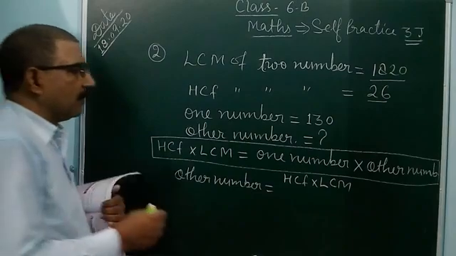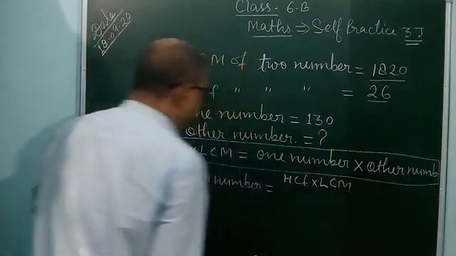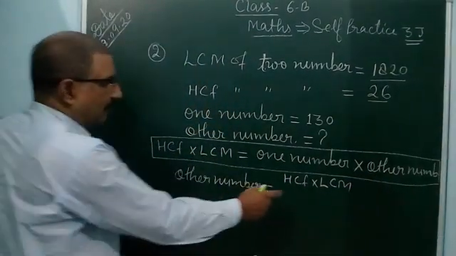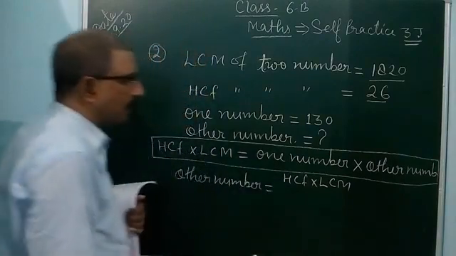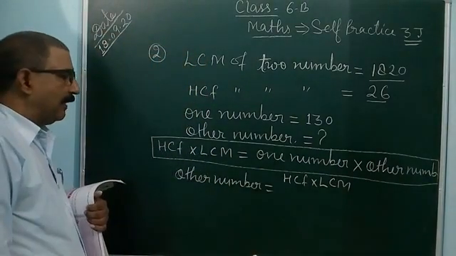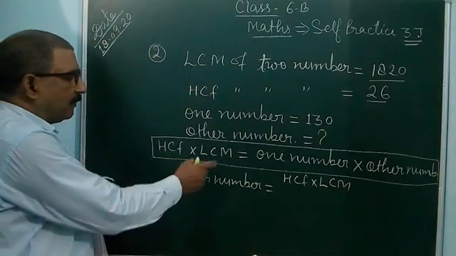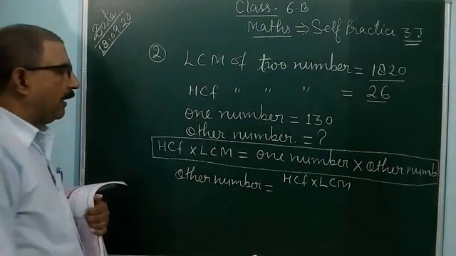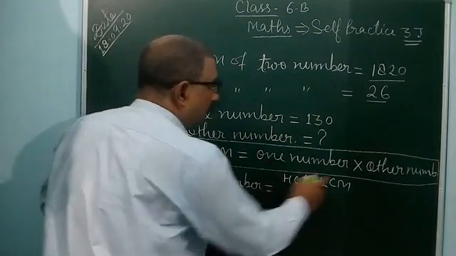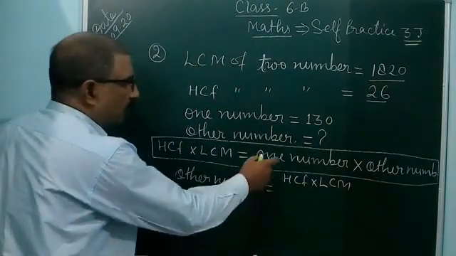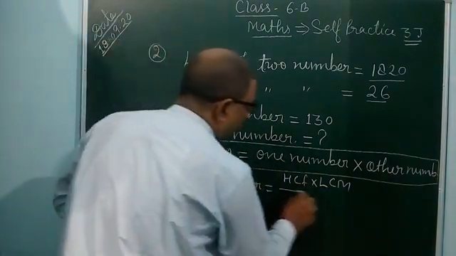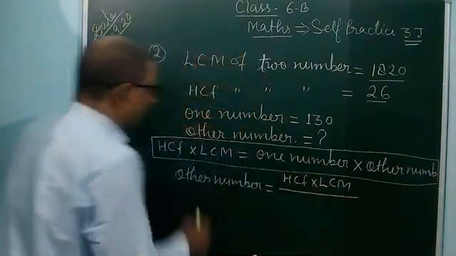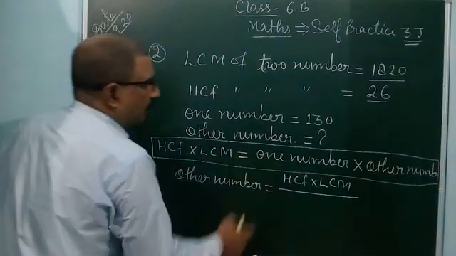Other number is on the right side, so you write the left side, HCF multiplied by LCM, in numerator or dividend form, and you divide by one number.